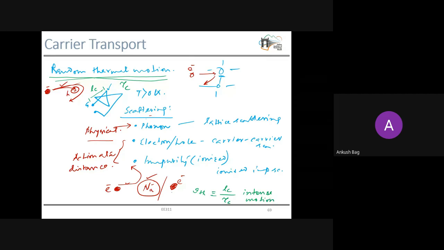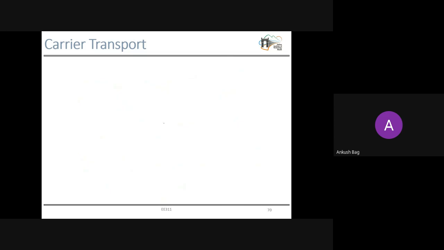Now I think I need to change the slide. The observation that we concluded is that there is a huge intense motion, but no net motion.